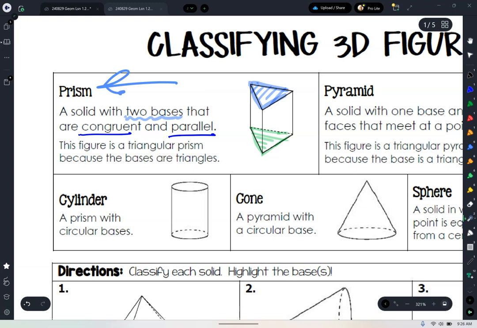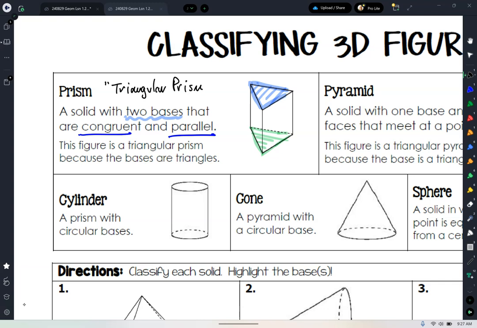It's a... So then the first and last name of this shape would be what? Triangular prism. All right, let's write that down, okay? So this one is a triangular, first name, prism, last name.